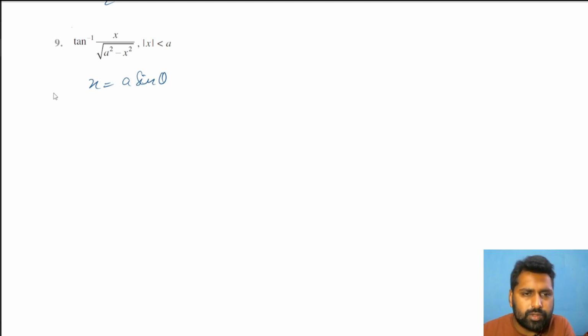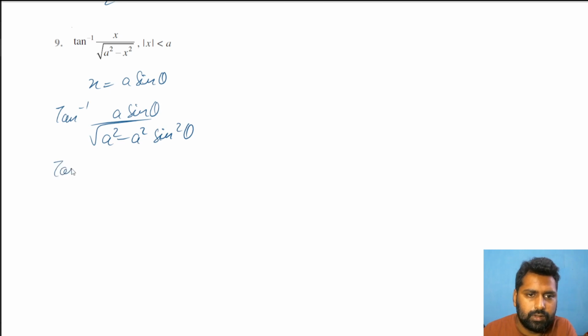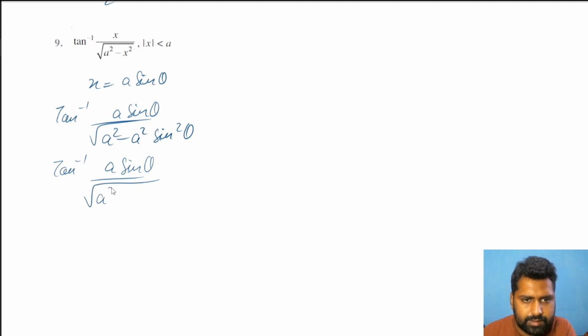In case someone wants to try it with cos, you can try, same thing will happen. So tan inverse a sine theta upon square root of a square minus x square, which is a square sine square theta. So tan inverse a sine theta upon square root of a square times 1 minus sine square theta.